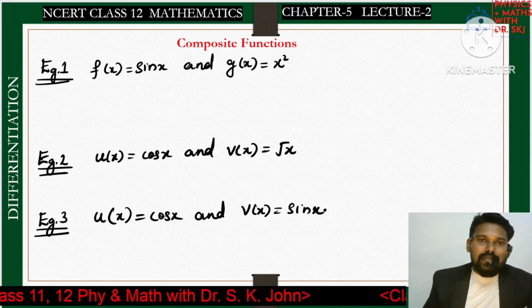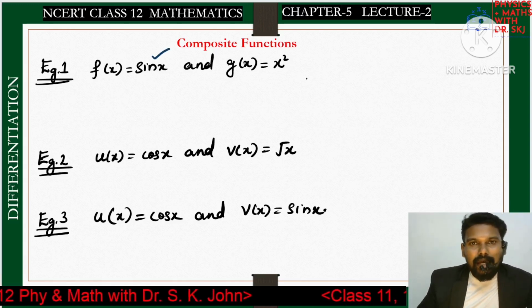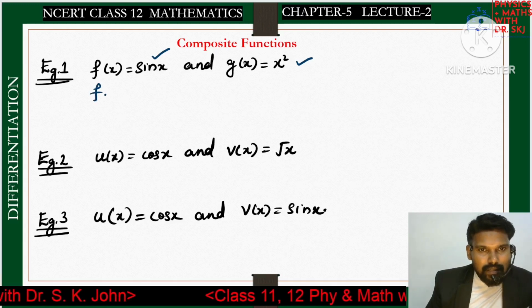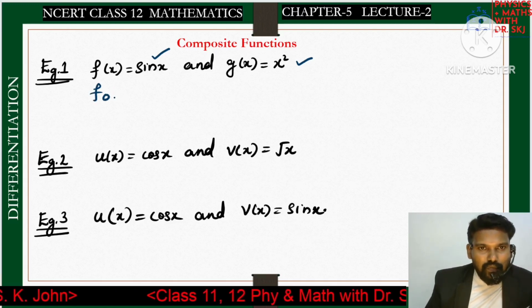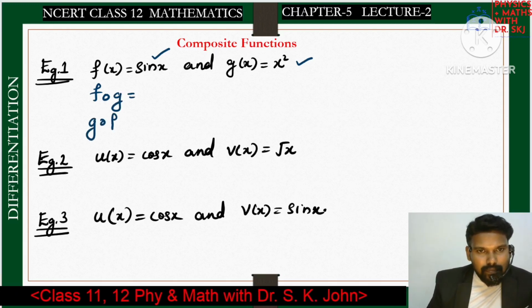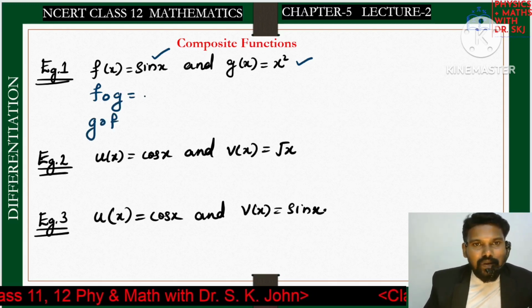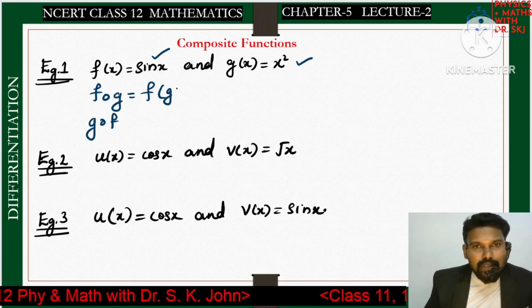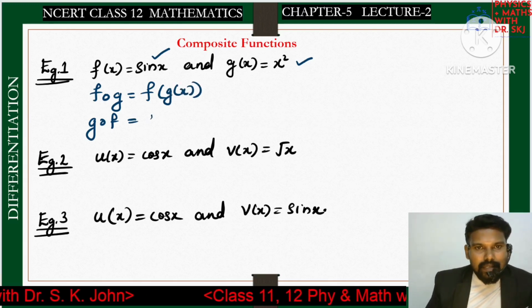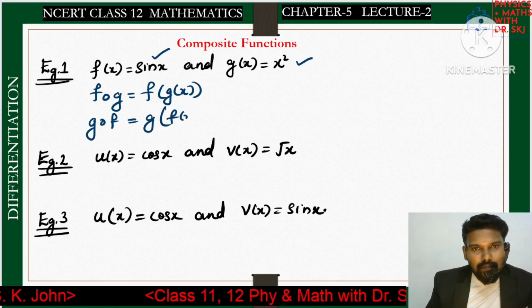Suppose we have two functions f of x equal to sine x and g of x equal to x square. Now, the composition of these two functions is defined as f composition g or g composition f. And f composition g is defined as f of g of x. Okay. G composition f is defined as g of f of x.